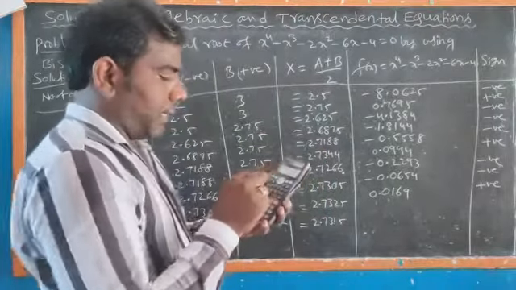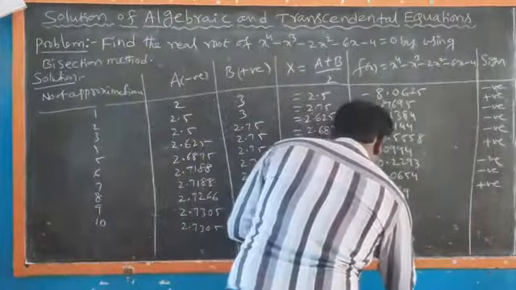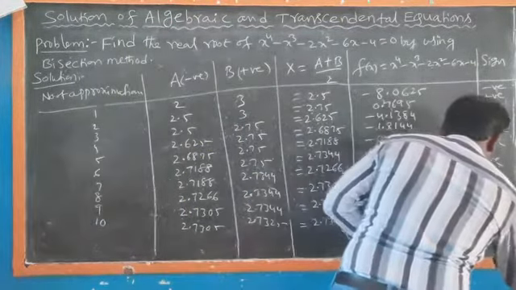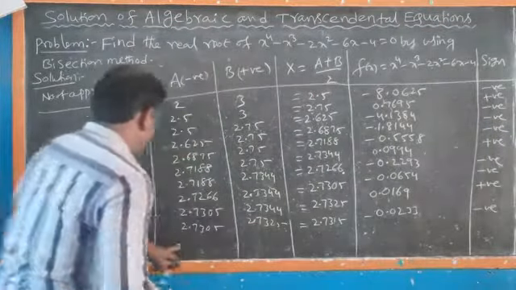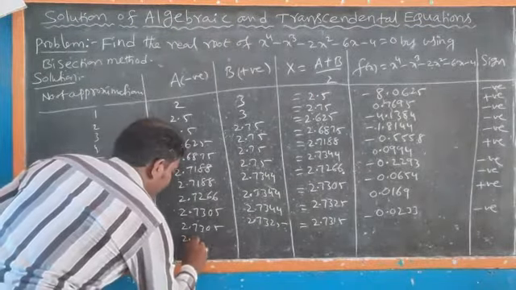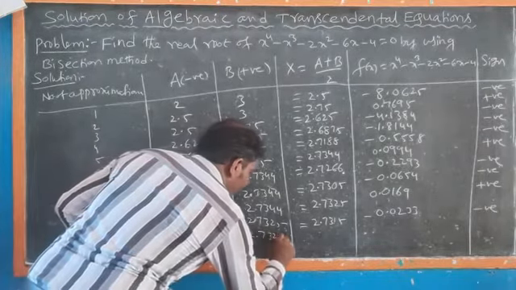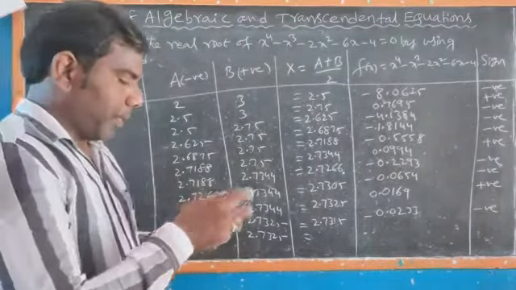Put x in the given equation, then minus 0.0233. This is a negative value. So next substitute x in the negative values: 2.7315, 2.7325. This is the 11th approximation.